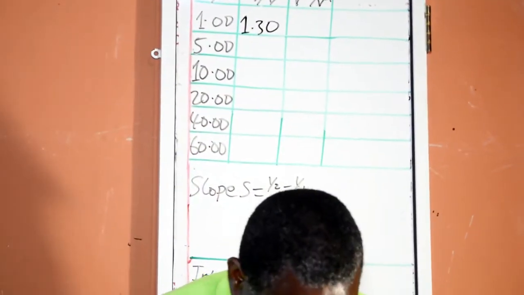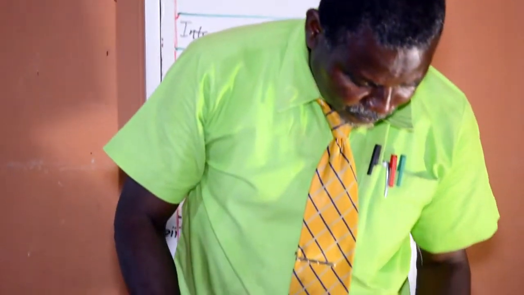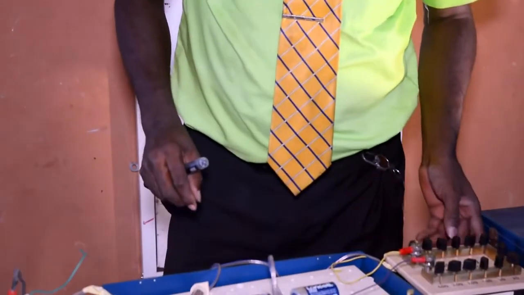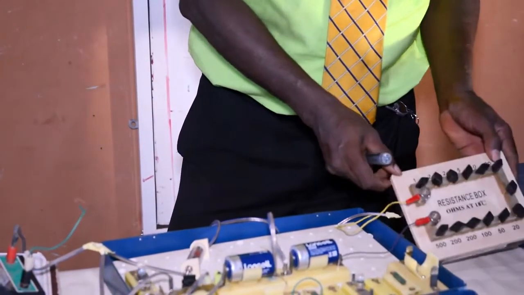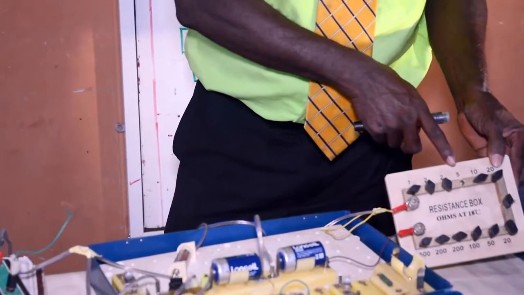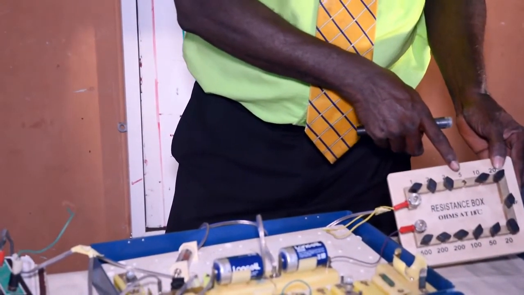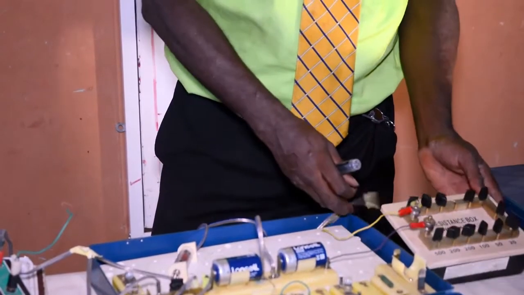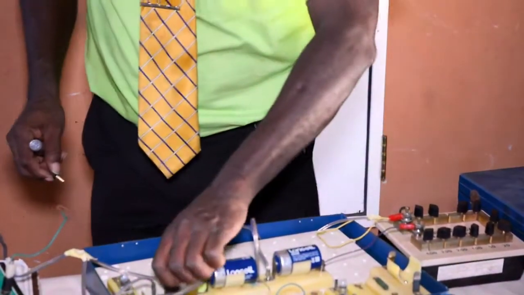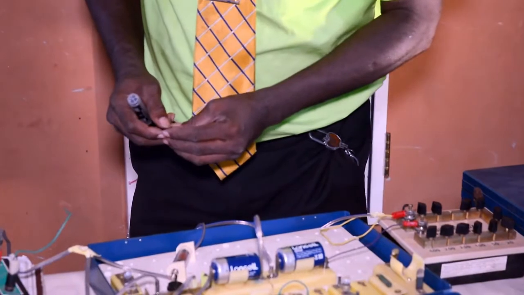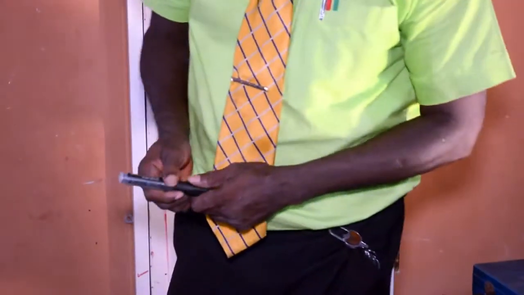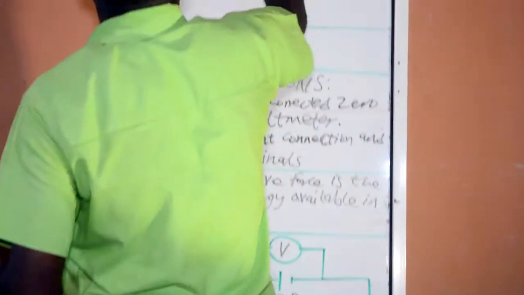You switch off, replace the key, then the next one is 5 ohm. You remove the button of 5 ohm from the resistor box. When you do that, close the key again. The value is 0.9 volts.